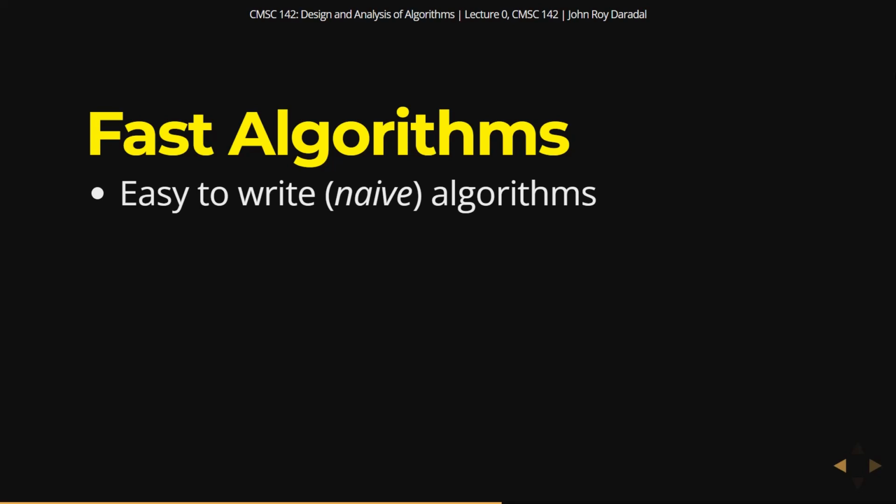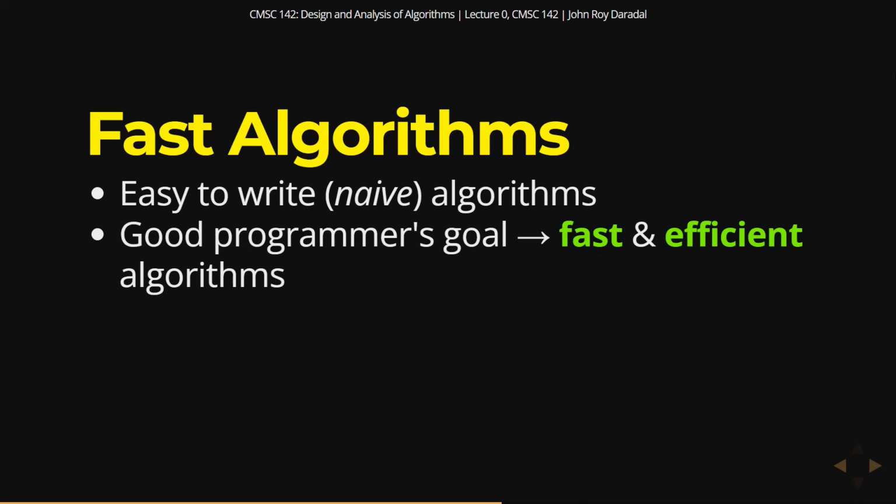Now, it's easy to write naive algorithms, right? Naive meaning basic or simple or brute force. It's easy to write those, but if you're a good programmer, your goal is to always write fast and efficient algorithms.